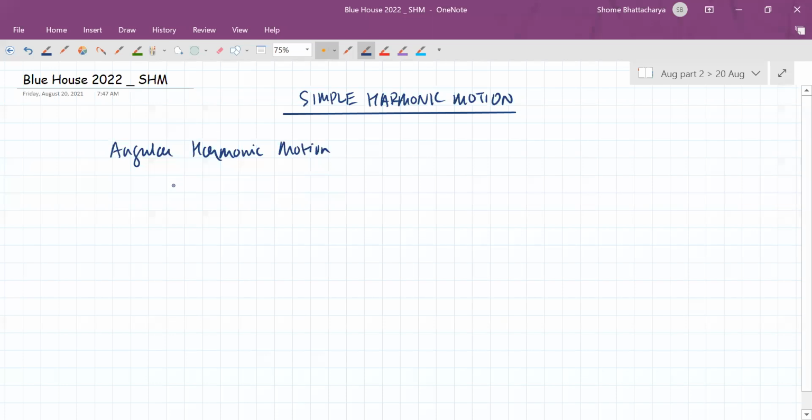We saw that it is an angular oscillation such that the angular displacement from the mean position is a harmonic function of time.